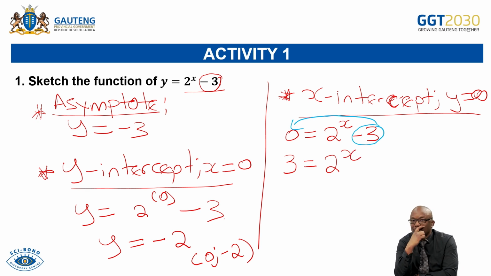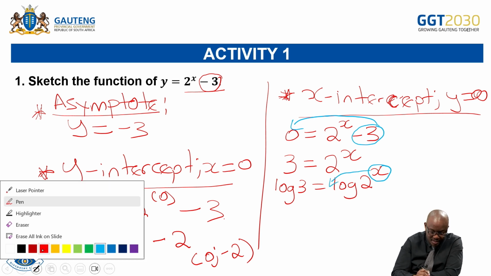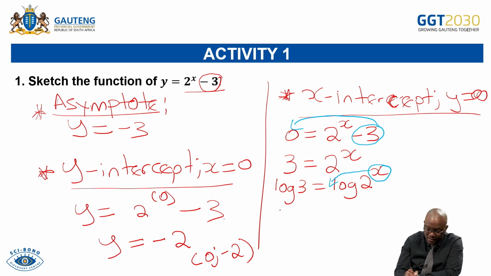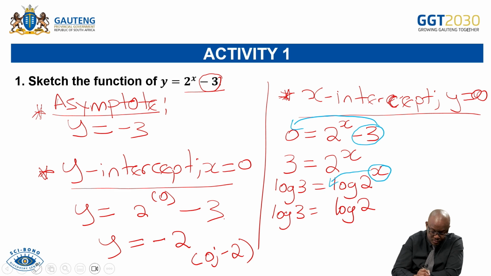Now you realize that in this case our bases are not the same, so we will introduce logs on both sides. When you introduce the log, we apply the laws of logs, saying that the exponent we can multiply with our coefficient. Then you're going to have log 3 is equal to x log 2.